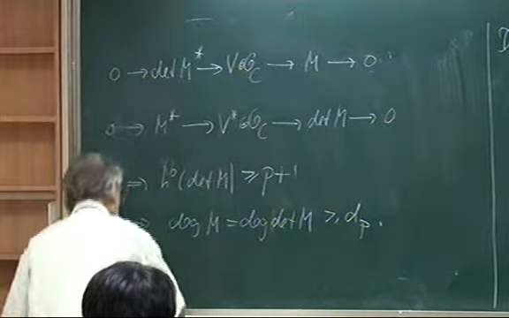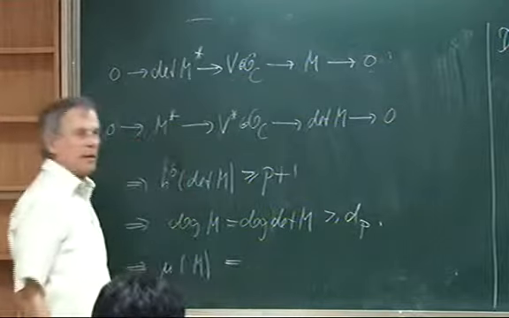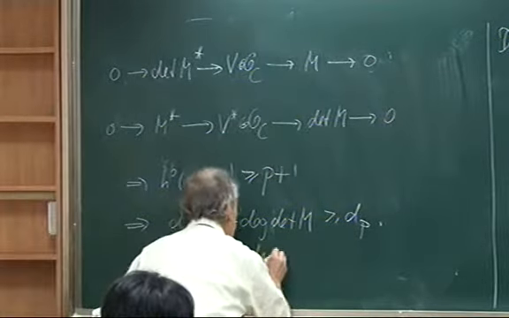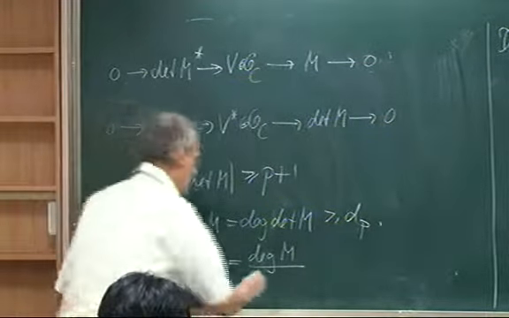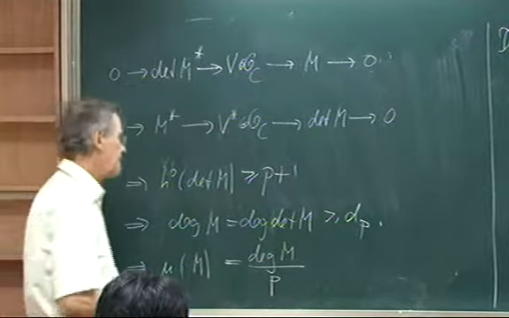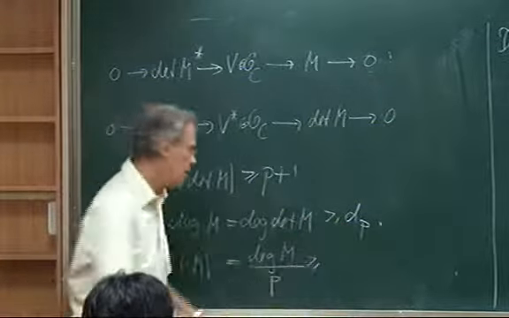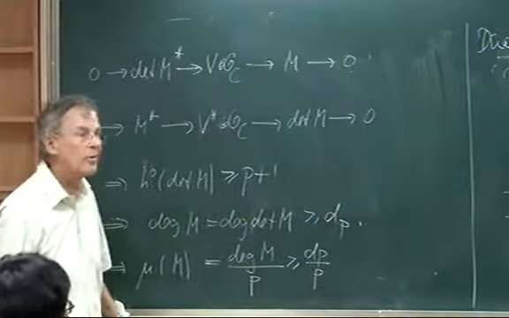Okay? And now with this we can just prove the inequality. Now we get mu of M. This was by definition degree of M over rank of M, and rank of M was p. Now we see degree of M is greater or equal to dp. So we get that this is greater or equal to dp over p. Right, and now we use our assumption.